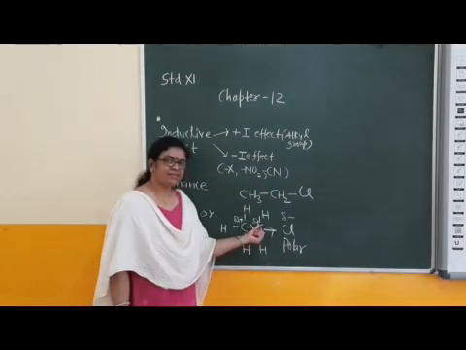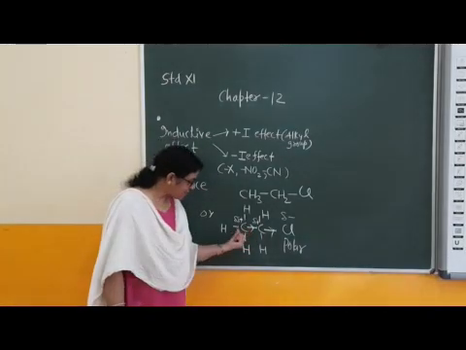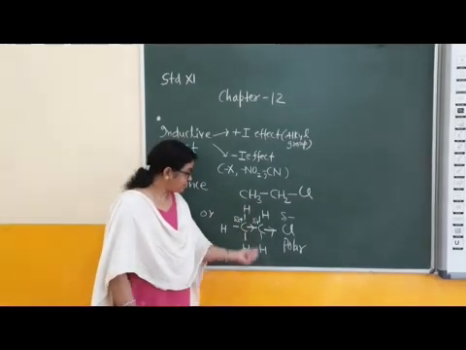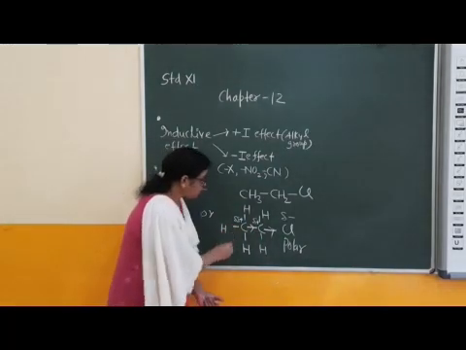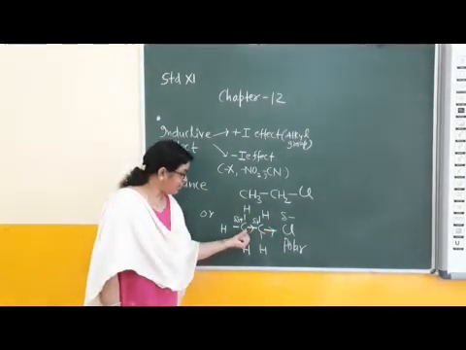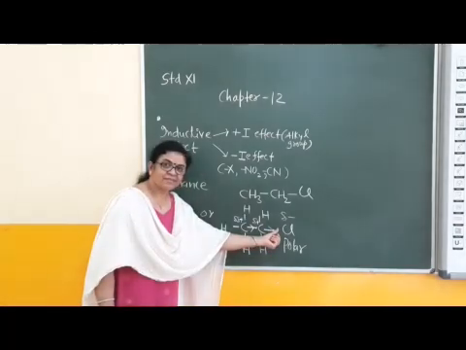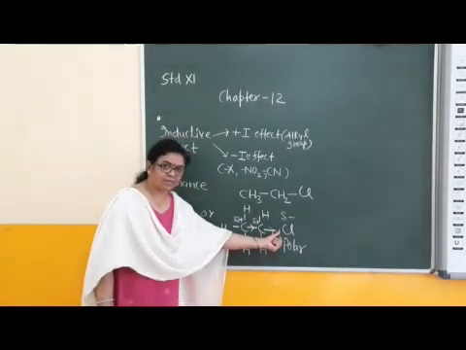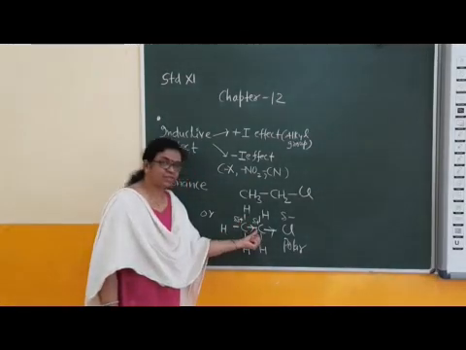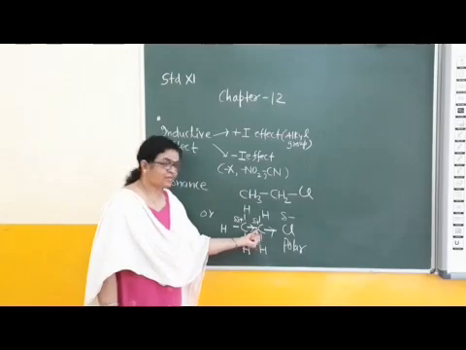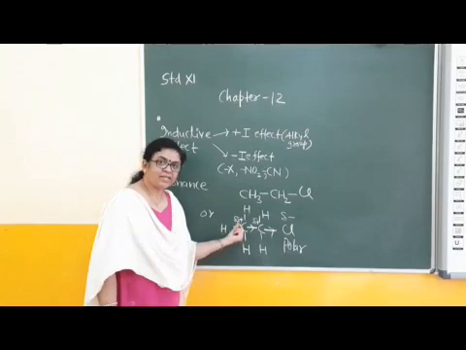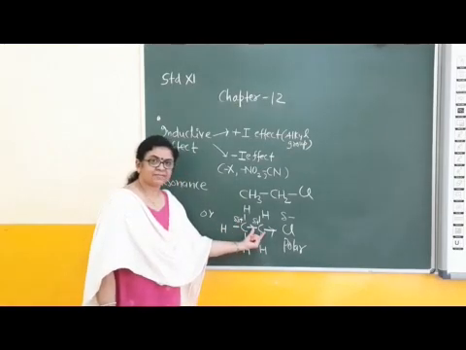This electron deficient carbon withdraws electrons from the adjacent alkyl group towards itself. But as the distance between the electronegative atom and carbon increases, this carbon is directly attached with halogen, but this one is indirectly attached. This second carbon is attached with the electron deficient carbon. Okay children, the electron density decreases, or the effect of this polarity decreases.